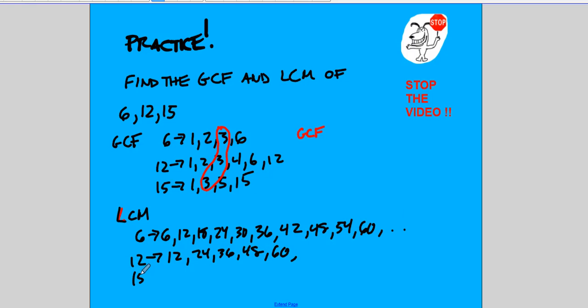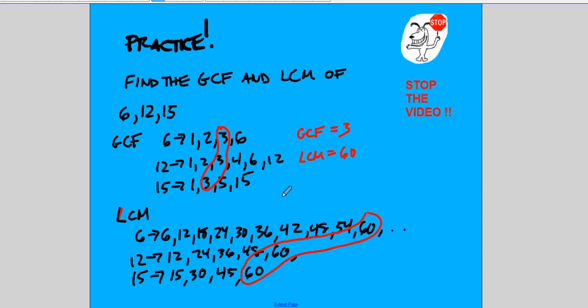And then 15 is 15, 30, 45, and 60. So the least common multiple of these three numbers is going to be 60. So the LCM is 60.